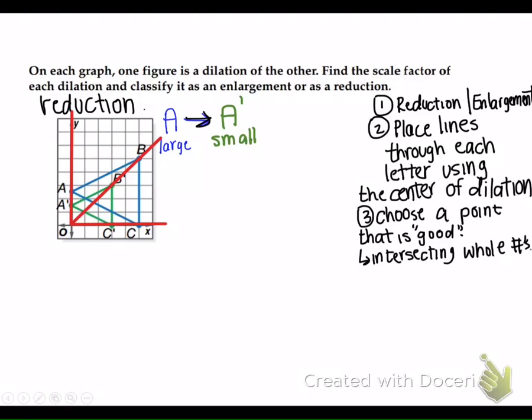Here's what I mean by that. Look at our values here. Okay? We got to try to choose two pairs of letters. It doesn't matter which pair. Okay? Our A's to A primes, B's to B primes, or C's to C primes.